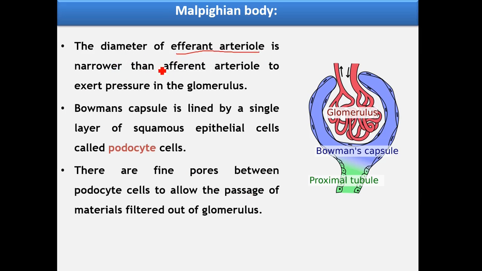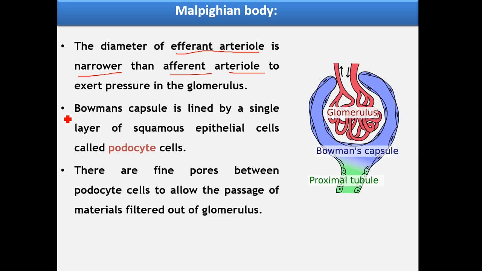If you observe the diameter of these two arterioles, the diameter of the efferent arteriole, the one coming out of the Bowman's capsule, is narrower than the afferent arteriole.